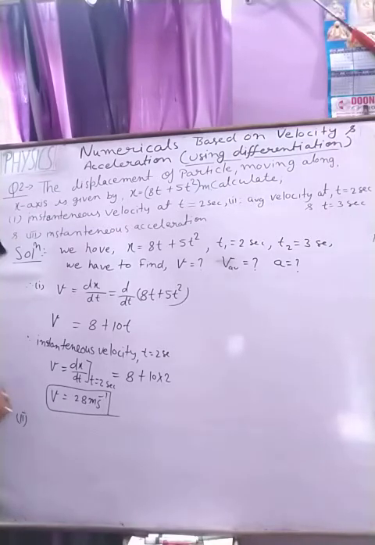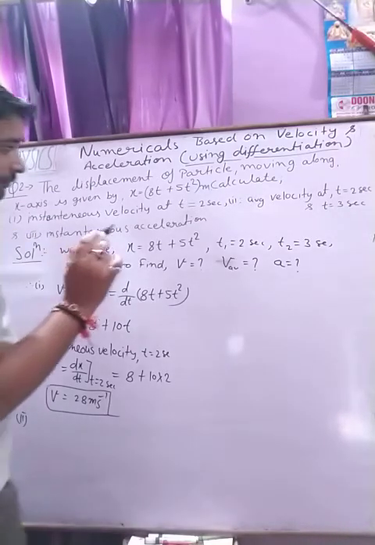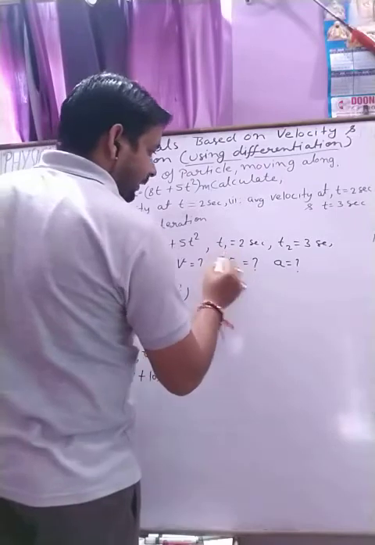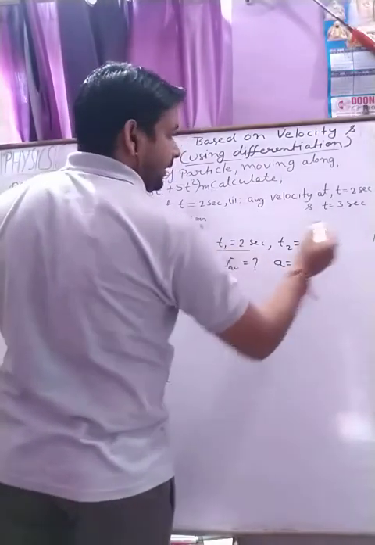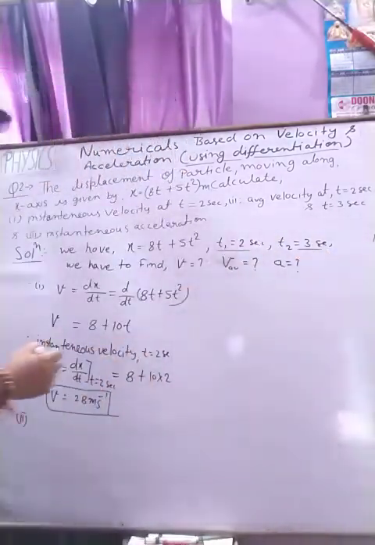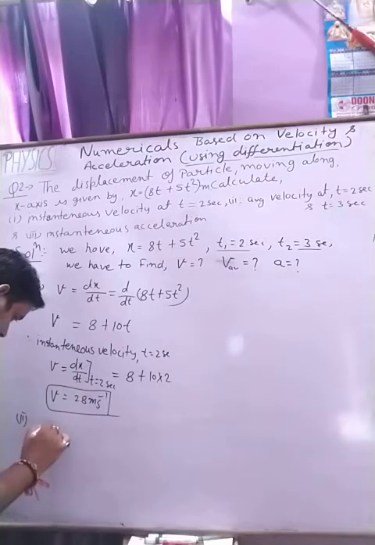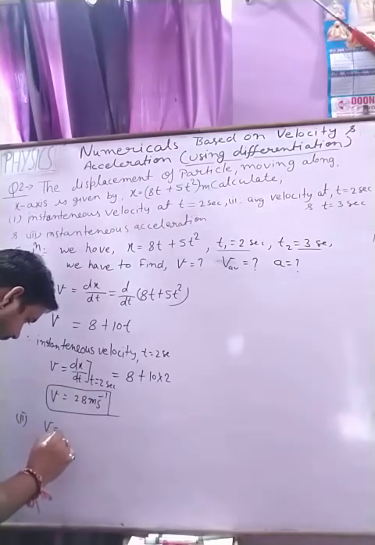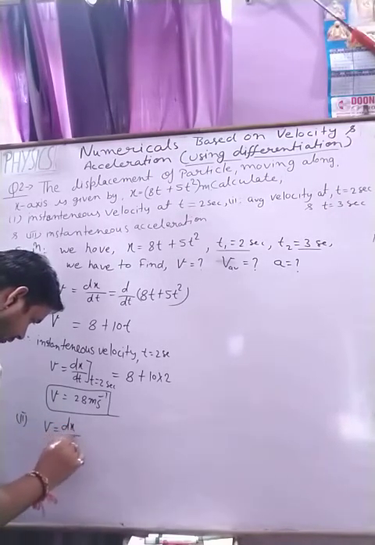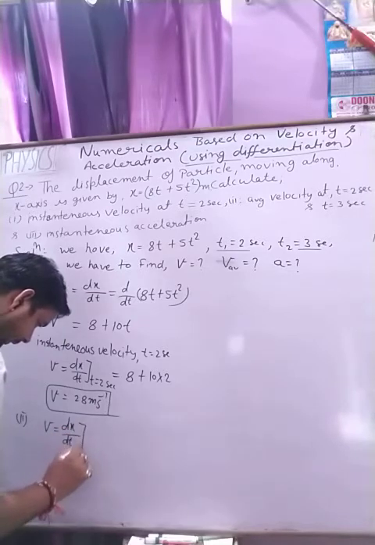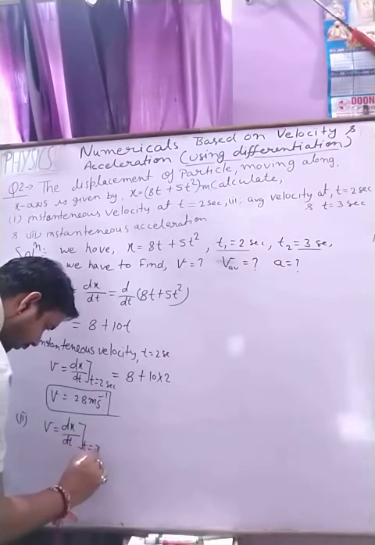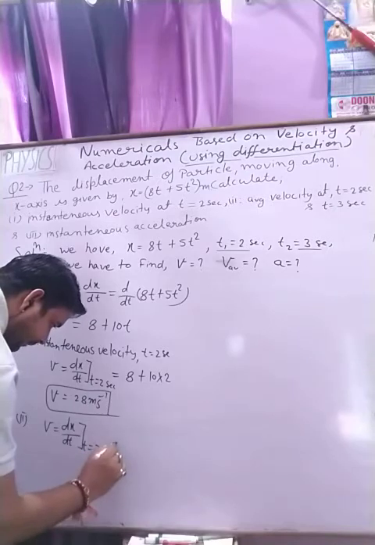Okay, now we need to calculate. Third is average velocity. Average velocity we need to calculate, student, for time t1 and time t2. So t1 we calculated here, t2 we are going to calculate now. So this is velocity dx over dt at t equal to 3 seconds.